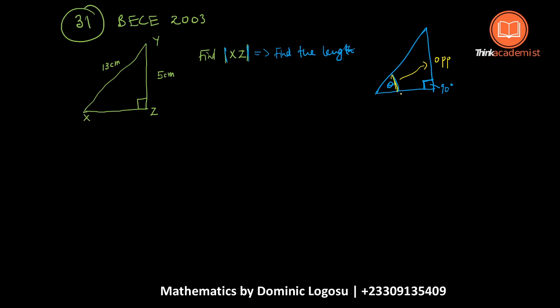The line here is adjacent to this line, so we call it adjacent. And then the slopey one has a very nice and weird name called hypotenuse. You could check the spellings later. Hypotenuse.